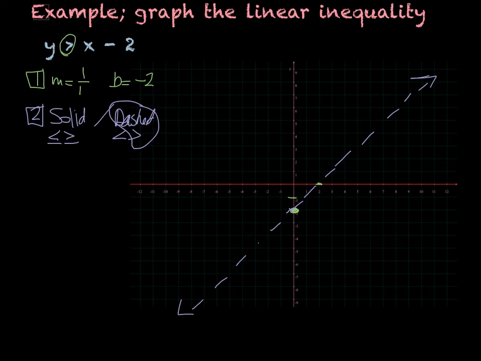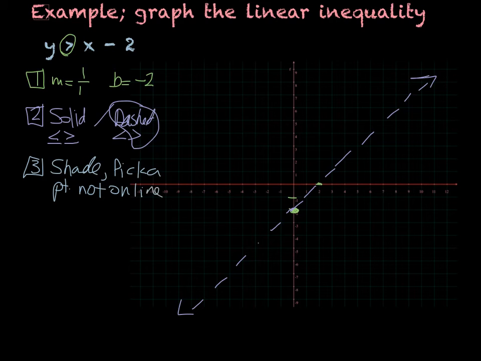Alright, and now I need to figure out shading. So I need to pick a point not on the line. When I pick that point, I usually pick the point 0, 0, which is not on the line. It's just easiest. So I have y is greater than x minus 2. Put my points in.